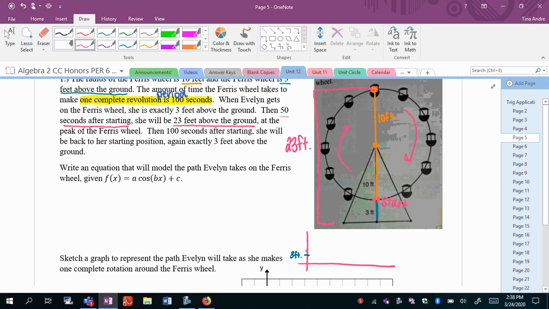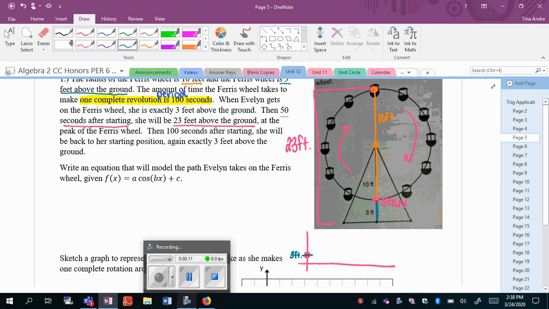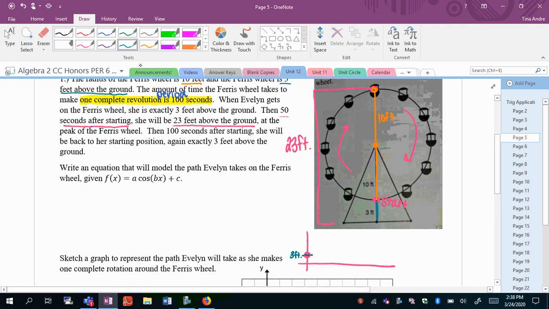So my starting point is right here. So here's the 3 feet. And then let's think about what happens. We start, and we really have these 4 key points, or really 5 key points when I get back to the starting. This point right here is important because if you think about drawing this axis in, this line would really be the midline, because you go up to the maximum and then you go down to the minimum from that line.